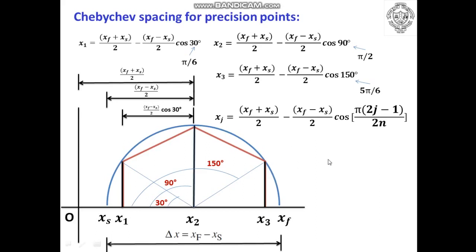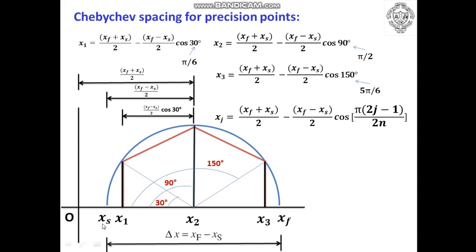Remember one important thing: many times students get confused with the consideration of precision points. Now I will tell you the important note. Many times students consider xs and xf itself as precision points, but please remember that xs and xf cannot be considered as precision points, because xs is the starting point of displacement of the input crank and xf is the finishing point of displacement of the input crank.